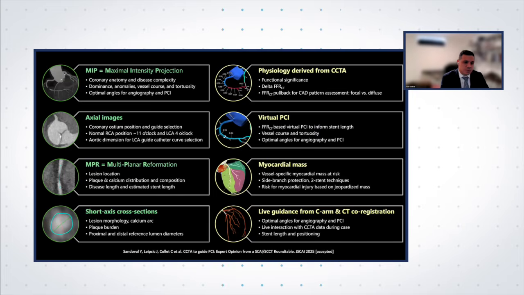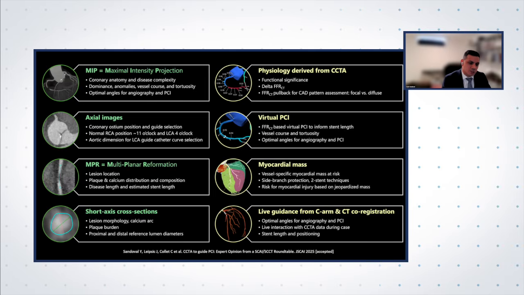This is supposed to be interactive, so I don't want to take much time, but this is what we're here to discuss for those of you who may not be familiar with some of these concepts or are trying to understand what the opportunities are. If we take a step back, all these patients with suspected coronary artery disease are undergoing CT for clinical purposes to diagnose whether they have disease or not.